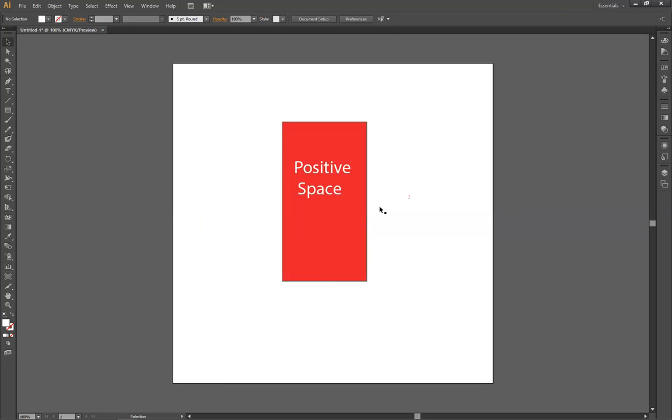So if you are looking at this white space, which object would be your main focus right now? Which object would you consider as your main focus? The red space, not so?